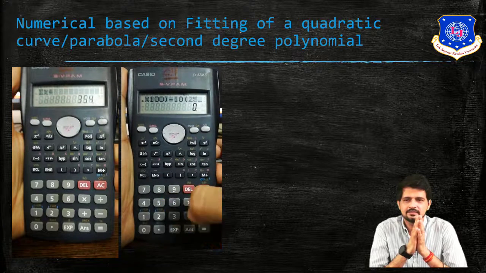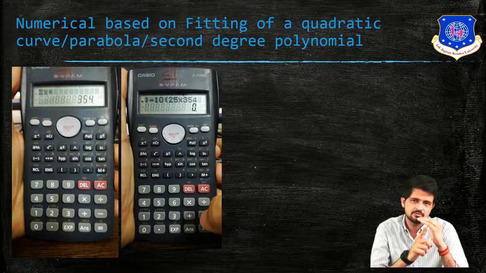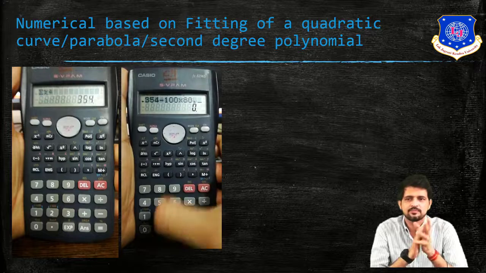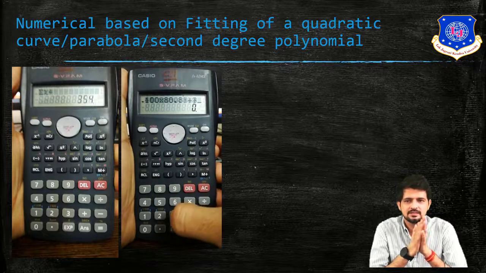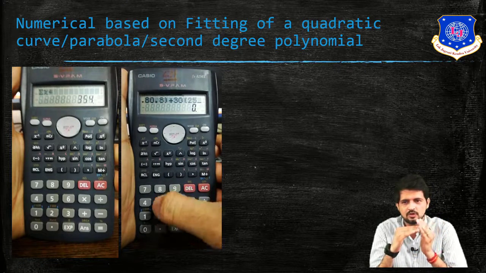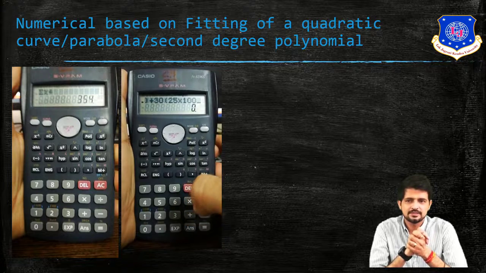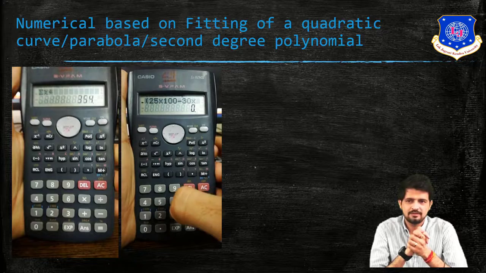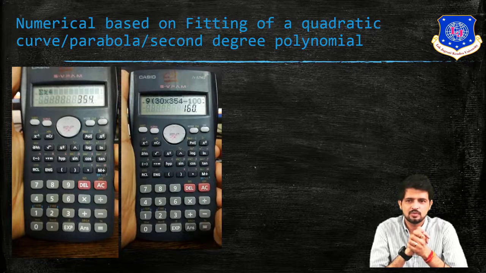Then neglect the second row, first column, then write the values in brackets. Then plus a33, then neglect the first row, third column. In this way you can find the determinant. The value is 160, delta 1 is equal to 160.